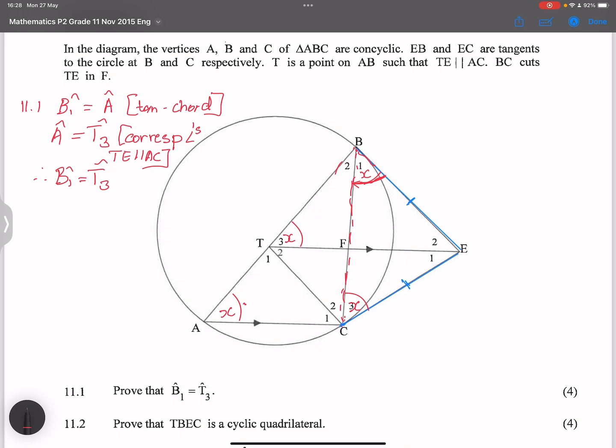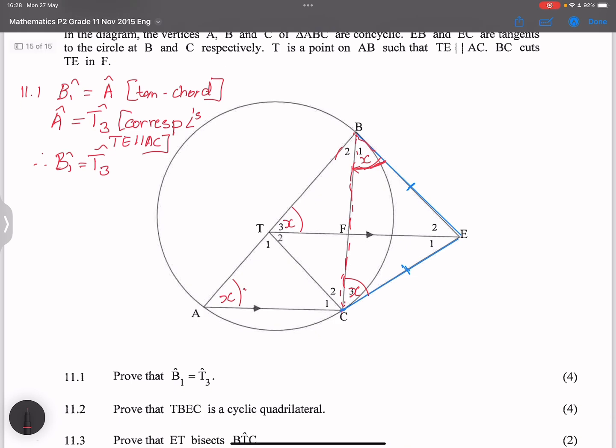There we go, ladies and gents, and they say prove that TBEC is a cyclic quad. I can already see how I am going to prove that. Remember we found that C3 was equal to T3. But how did we get C3 to be equal? Well, let's start here. Let's say BE is equal to CE.